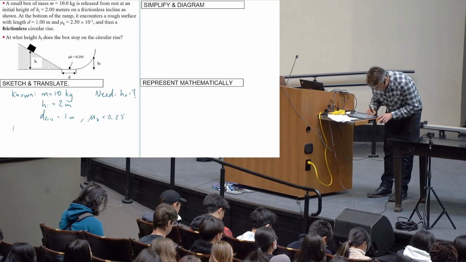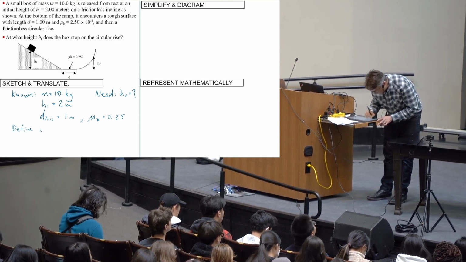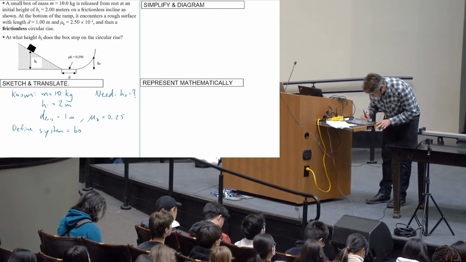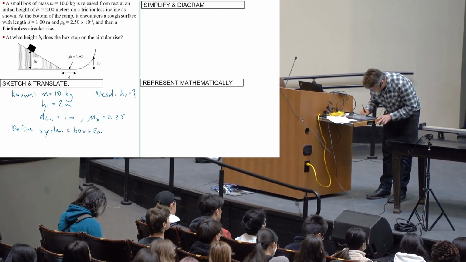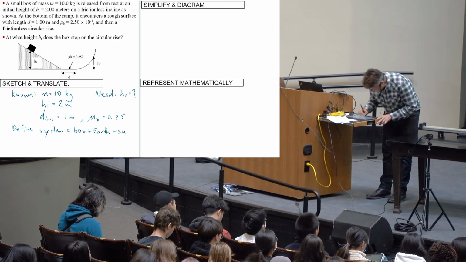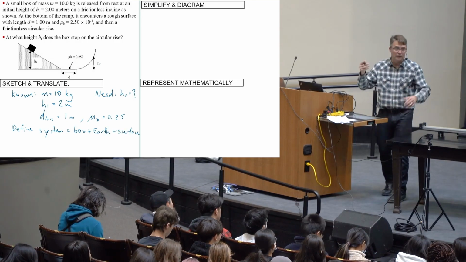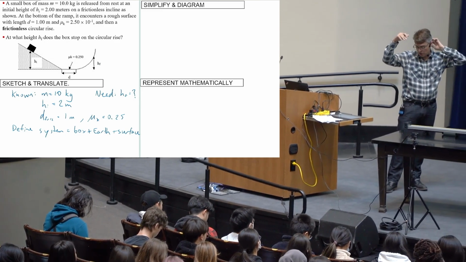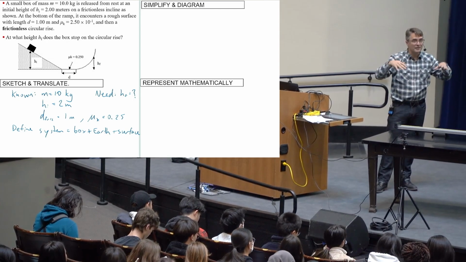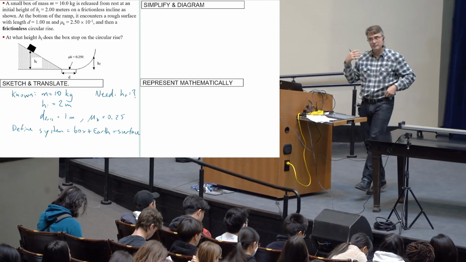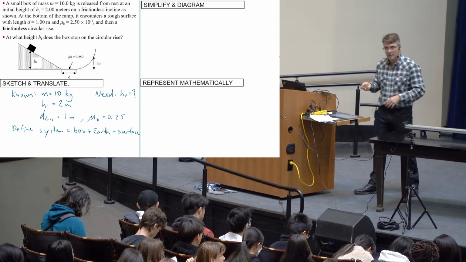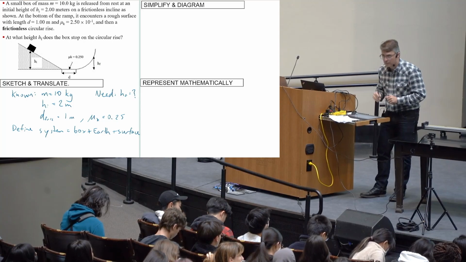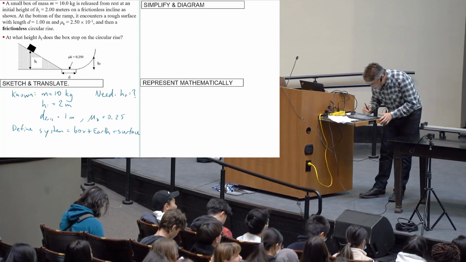Okay, so I'm going to define the system as the box plus the Earth plus the surface. By that I mean that when we include the Earth, we're going to include the gravitational potential energy, mgh. And when we include the surface, we're going to, on the right-hand side of the equal sign, put the delta U internal as being the absolute value of the friction force times the distance.